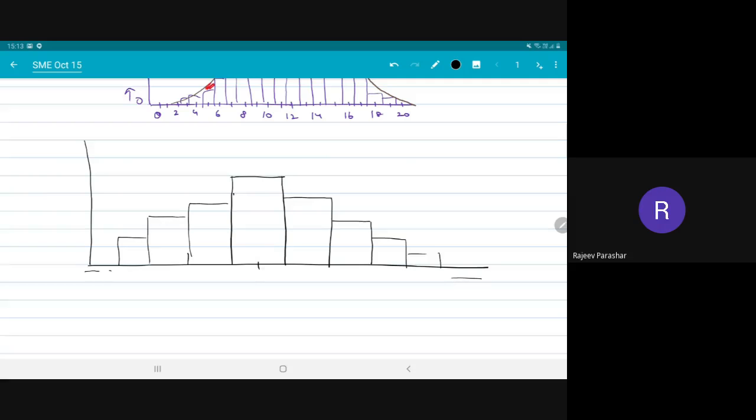So we have 12 here, 13, 14, 15, 16, 11, 10, and 9. This goes on. I've just zoomed in.